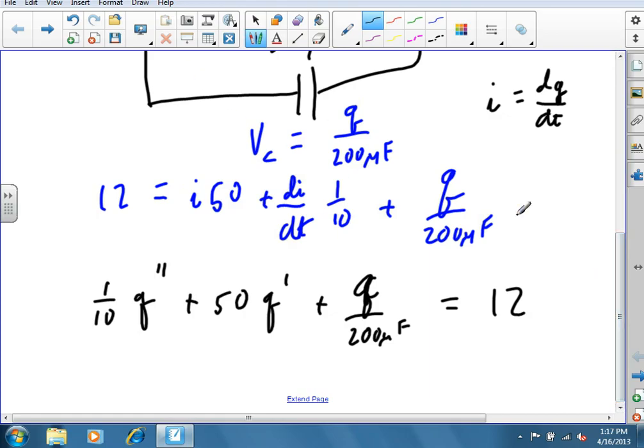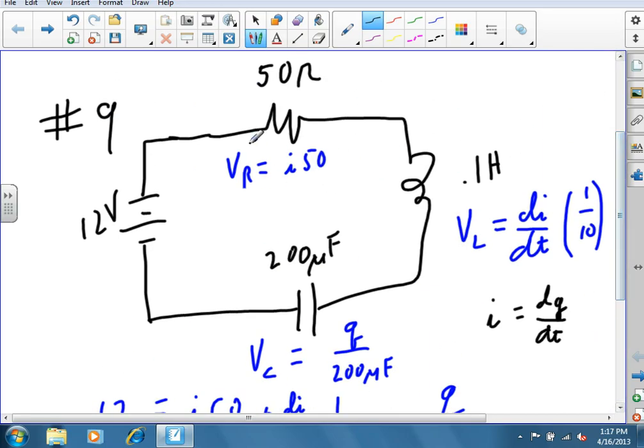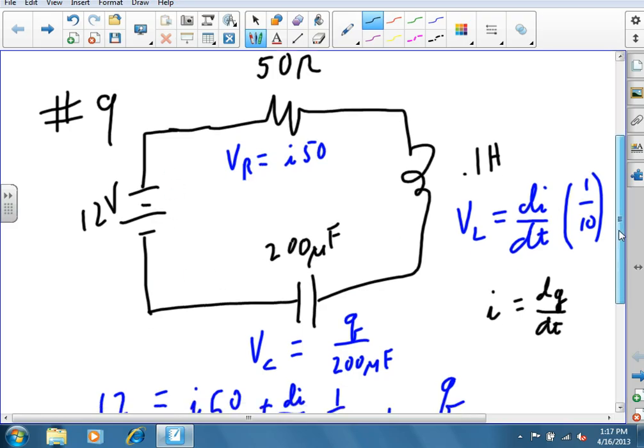Okay, because whatever the drops across each of those components, when I get done, it has to equal 12.